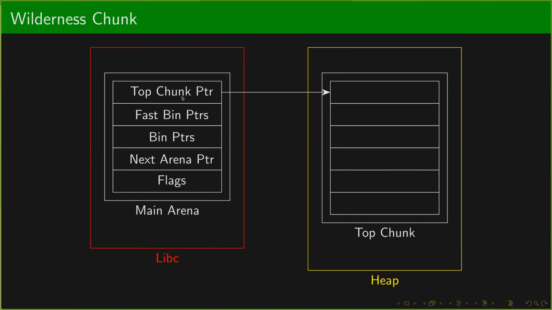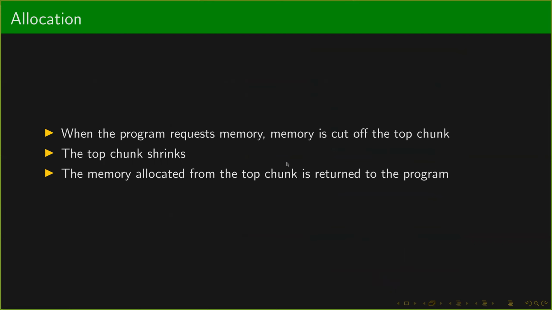So when you want to break off memory, it just looks up this pointer in the main arena struct, breaks off some memory there, and hands it back to the user program. Okay, so that's allocation. Allocation makes sense, right? When we cut some memory off, the top chunk shrinks, and then we give that memory back.